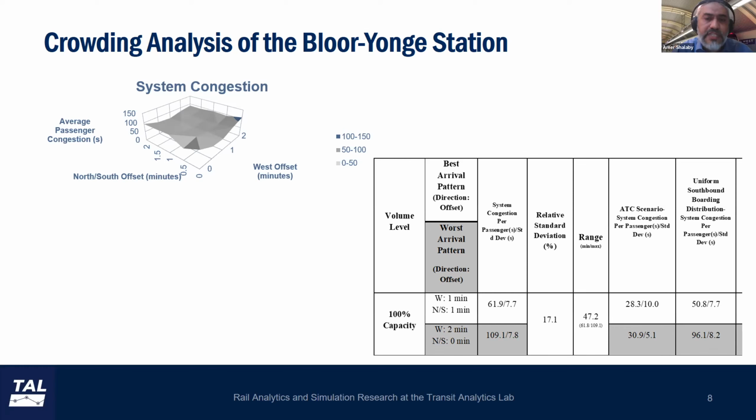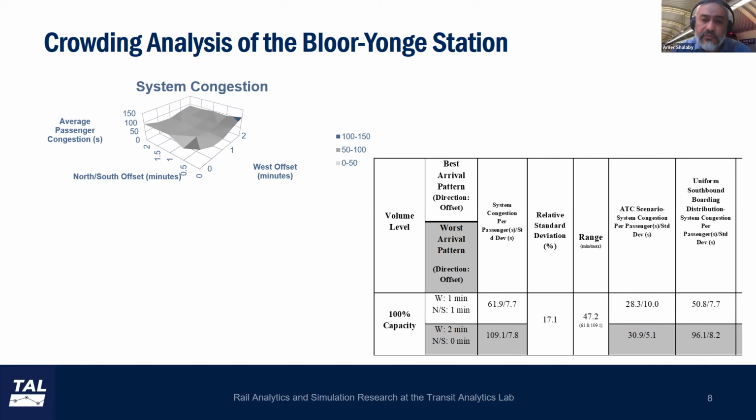We used those two best and worst case scenarios, and looked at the impact of ATC, automated train control, which is now in full operation on line number 1. We also looked at another strategy of distributing the passenger demand on the southbound platform, which is the heaviest platform in the morning peak, so that passengers are distributed uniformly on it.